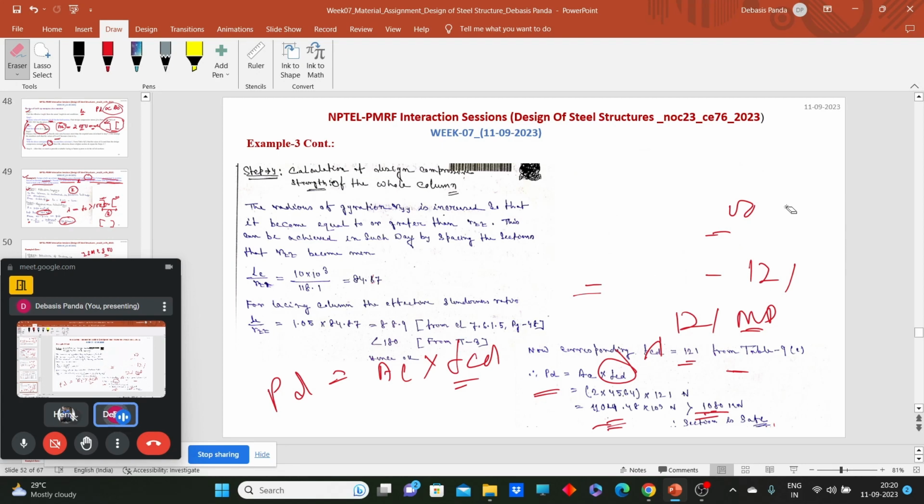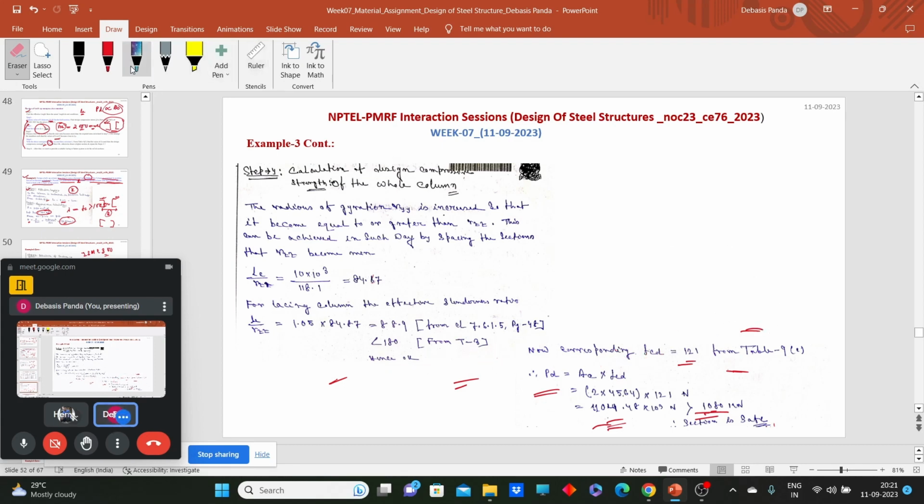84.46. Here, one more thing: as the member is a lacing member, for the lacing and battens we have some effective length criteria. For now, you just keep in mind that for a lacing column, the effective length should be increased by 5%.